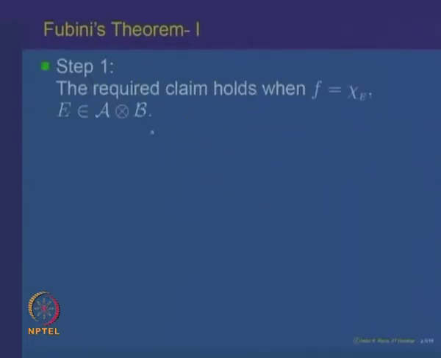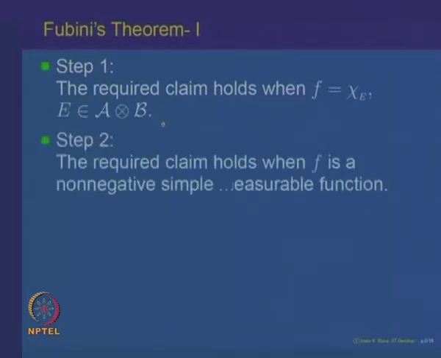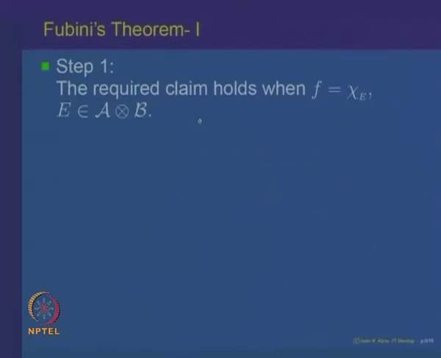So, step 1 is that the required claim holds when f is the indicator function of a set E in the product sigma algebra. So, let us look at that. That was what we have already shown.